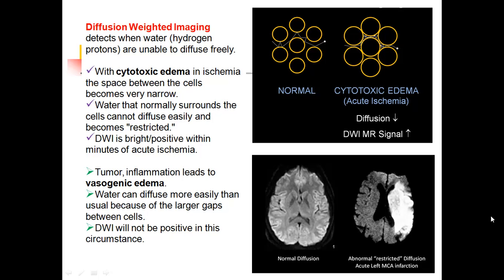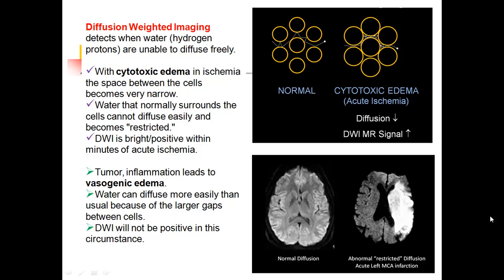Subsequently, the water that normally surrounds the cells cannot diffuse as easily and becomes restricted. Diffusion-weighted imaging is very sensitive at detecting this change, becoming bright or positive within minutes after acute ischemia.